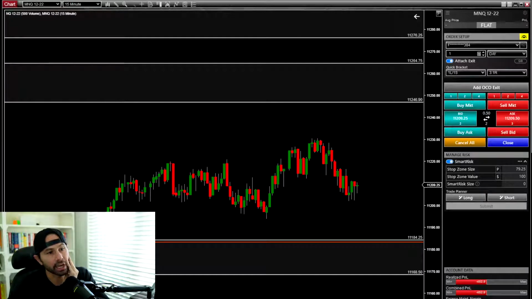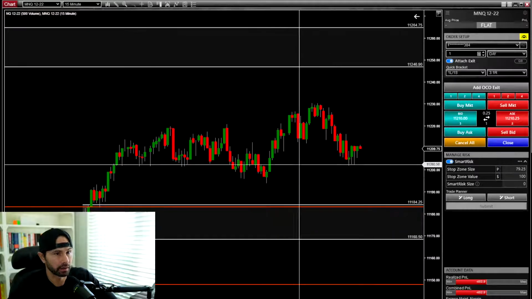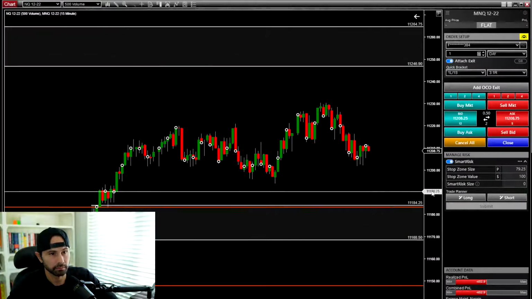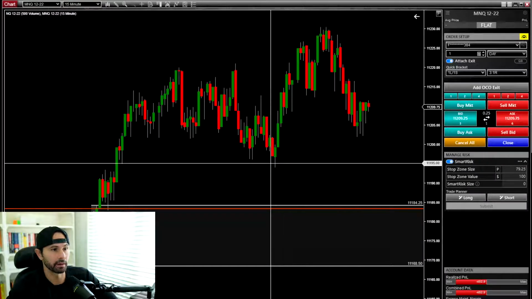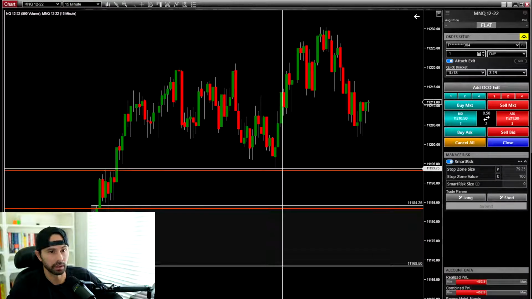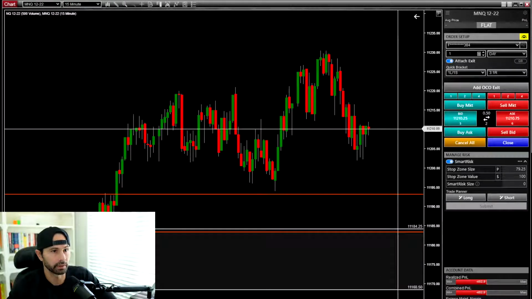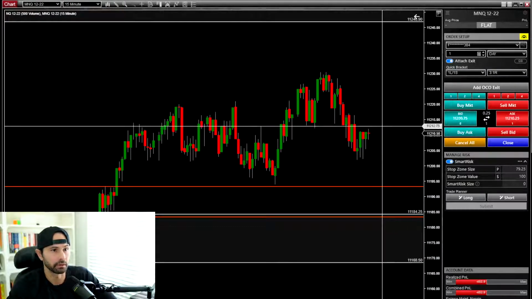It hasn't broken any low yet since 10 a.m. Hasn't broken any low. Let's see if we can break this one at 193, but the market is holding up really well.